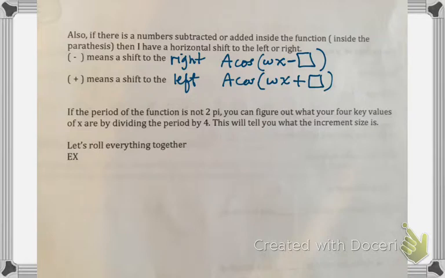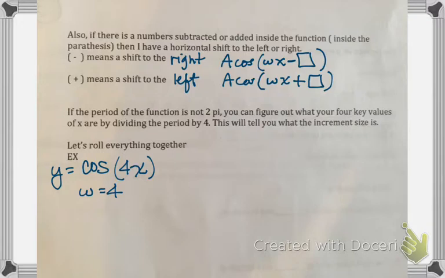If you have something in front of omega, for instance, let's say something simple like cosine of 4x, I know omega equals 4. So I know the period is not going to end at 2 pi. The reason why is because this graph is going 4 times as fast as the normal one.